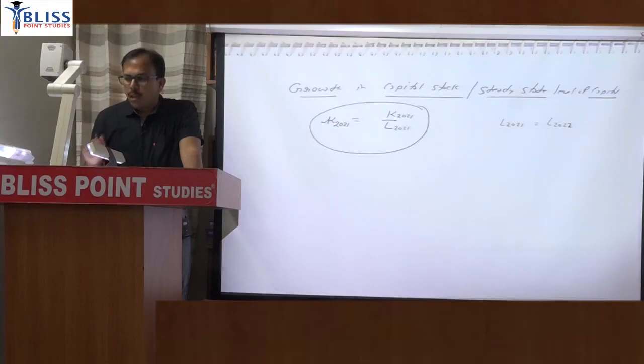One, economy may procure or buy more machinery, then the stock of capital will increase. Or if there is no procurement of new machinery, then the old machinery will get depreciated during the production process. So due to depreciation the stock will decrease, and due to accumulation of more capital stock will increase.